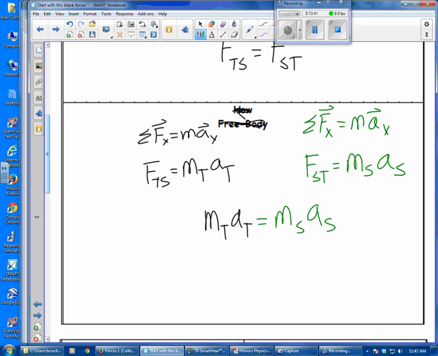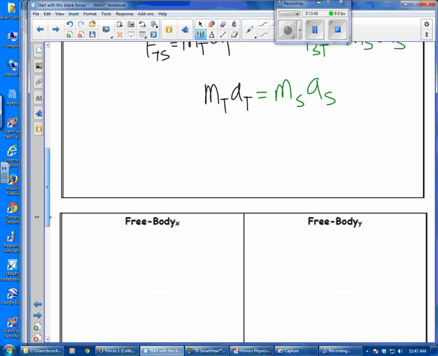And I'm interested in the acceleration of Tom, so I'm going to rearrange this to have the acceleration of Tom by itself. So the acceleration of Tom is the mass of his sister times the acceleration of his sister, over the mass of Tom.